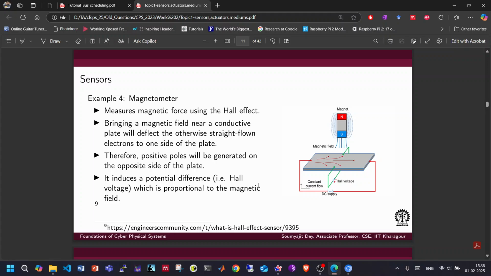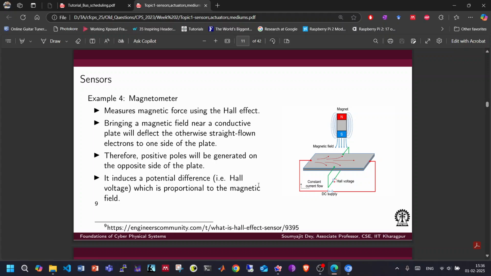If we have a metal sheet, obviously certain materials are supported, and if you apply current in a magnetic field that is perpendicular to the current, basically when the magnetic field is perpendicular to the current flow, we observe the Hall effect.